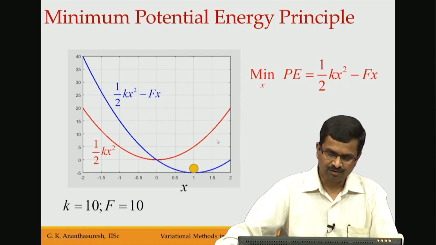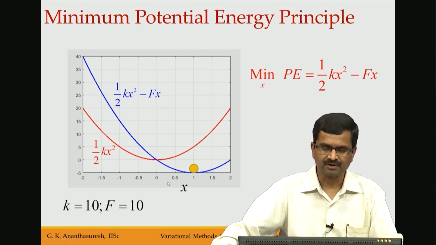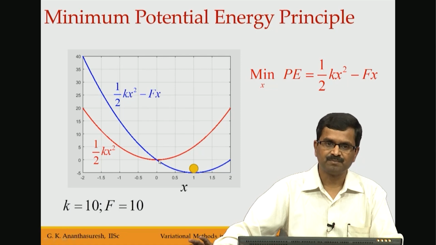But what we want is potential energy that also includes the minus Fx. If I plot half kx square minus Fx, then I get the blue curve. Previously the minimum point was at x equal to 0, meaning that if there is no force, the spring will stay put where it is, and there will not be any displacement.